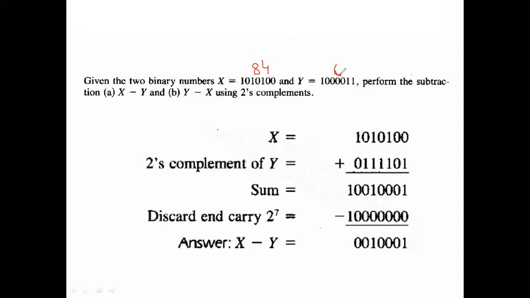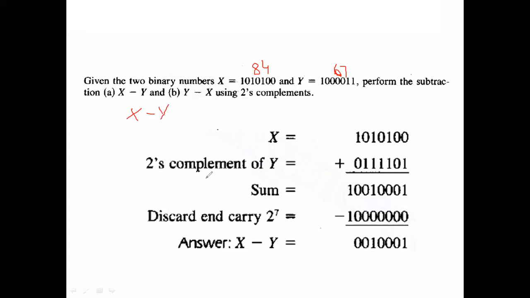In the previous class, we did this. So x minus y means big number minus small number. So we subtract a small number from a big number.